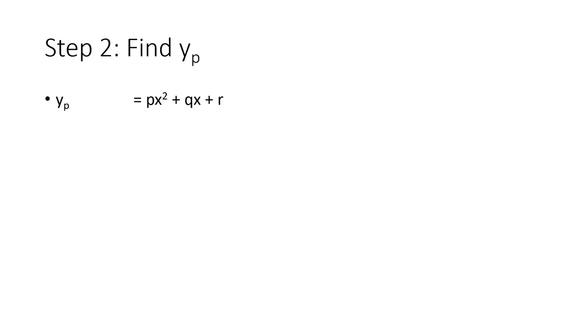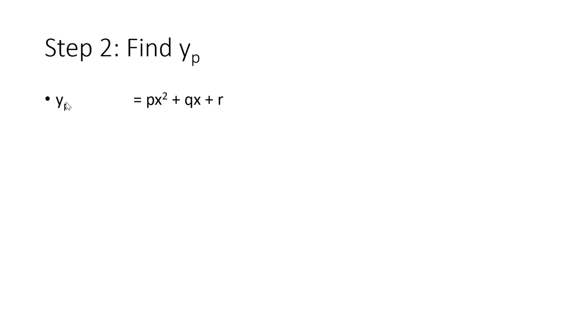Maybe you like to use cx squared plus dx plus e also can, but as long as you don't use a and b. May I know if you have any question on how to choose your yp before I proceed?